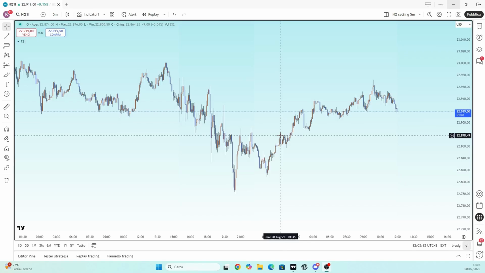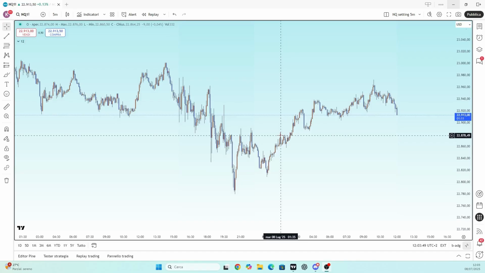Obviously, we know that the market alternates these phases of upward or downward movement with phases of lateralization and therefore price consolidation. We can define it however we prefer depending on when this occurs. So we know that the market has these phases of expansion and alternates with phases of contraction during which the price moves sideways. So we know what the price dynamics are based on this.